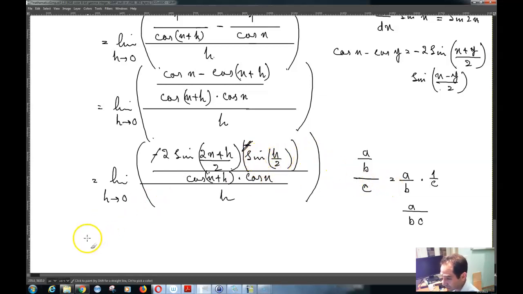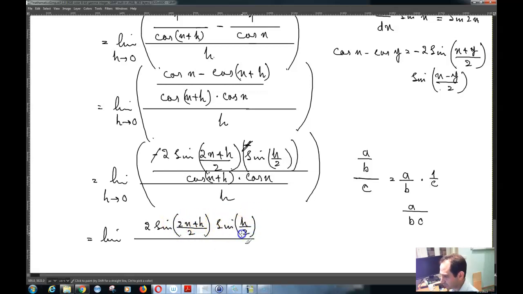So that means that I could write this as the limit of basically a, which is 2 times sine of (2x plus h) divided by 2, times sine of h divided by 2, divided by b times c. So that would be basically cos of (x plus h) times cos of x times h, as h tends to 0.